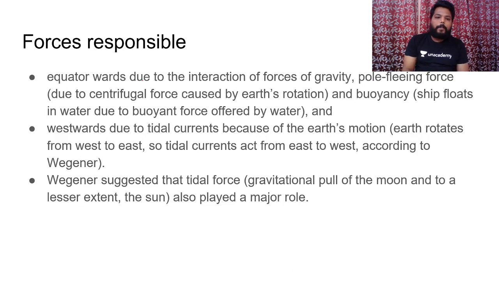And the forces responsible are highly important because they are negative forces, so you can directly write them in criticism. The equatorward movement of the continents is happening due to the interaction of the forces of gravity and the pole-fleeing force. The pole-fleeing force is nothing but the centrifugal force caused by the Earth's rotation, and also the buoyancy force.